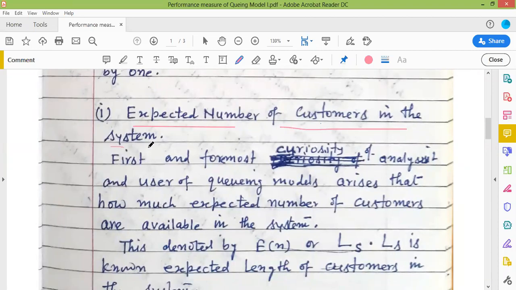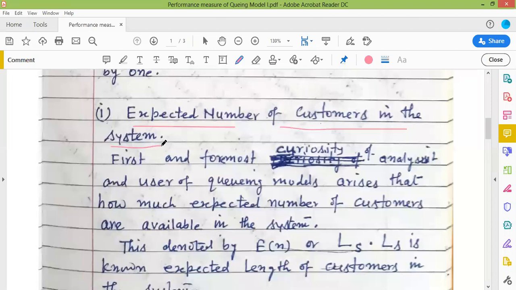What does it mean? If you remember, the first and very beginning outlook of the customer is that he or she wants to know how many customers on an average are available in the system or entered into the system where they have gone to receive the service.